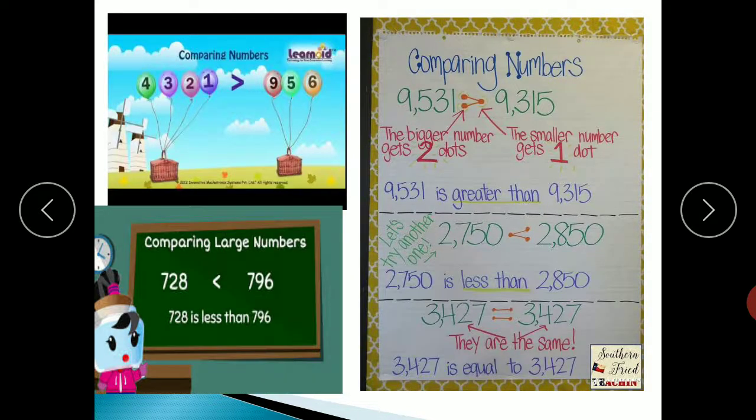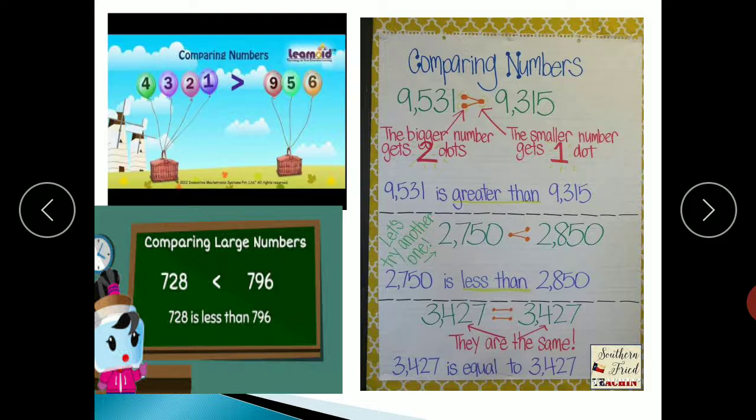Now let us see the comparison of numbers. Before comparison of the numbers, I want to tell you the greatest number as well as the smallest number of 1 digit, 2 digit, 3 digit and 4 digit. The smallest 1 digit number is 0.